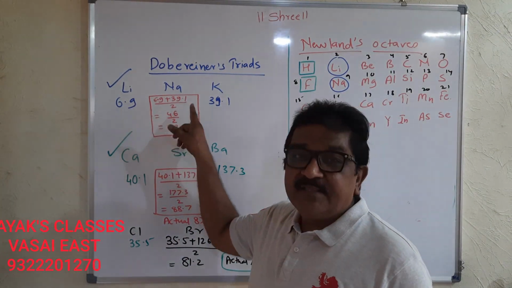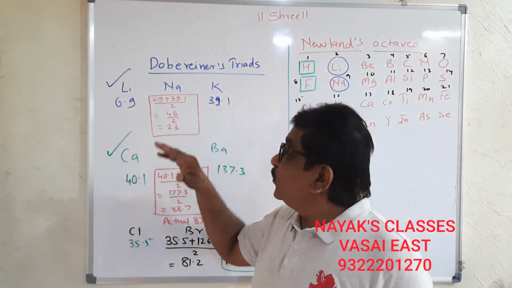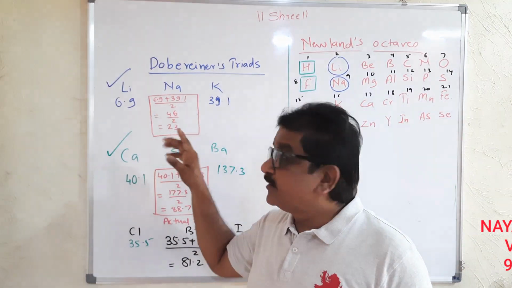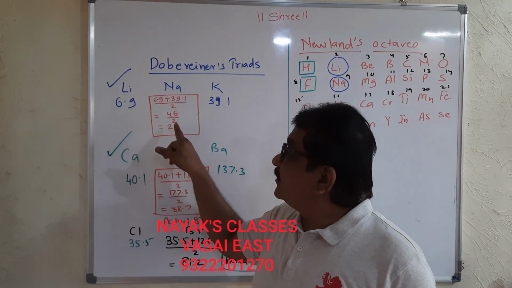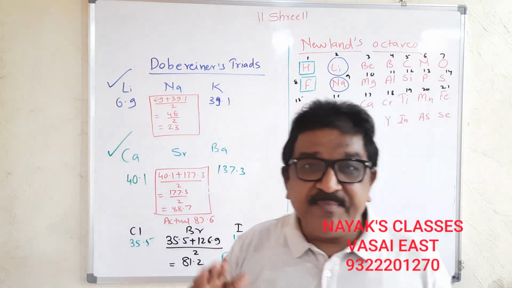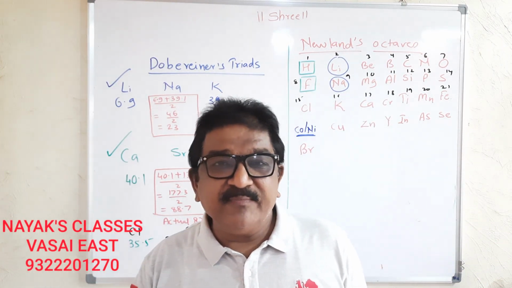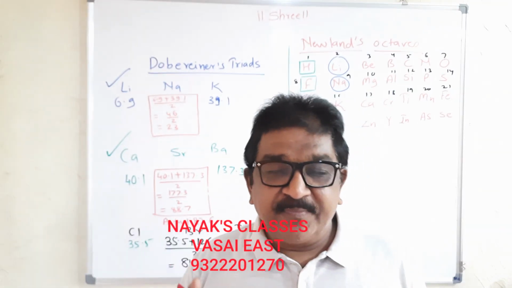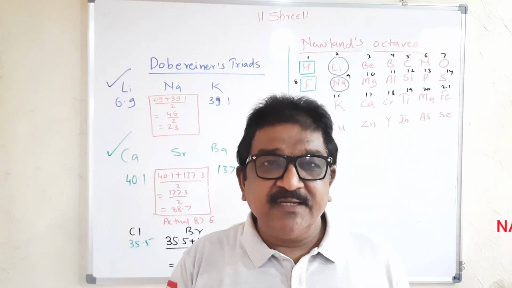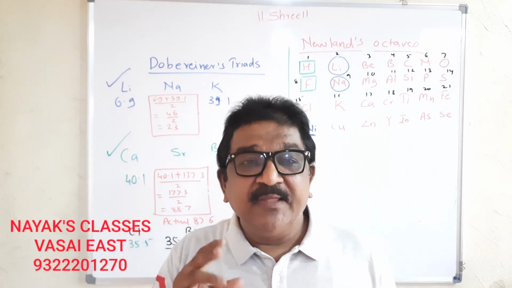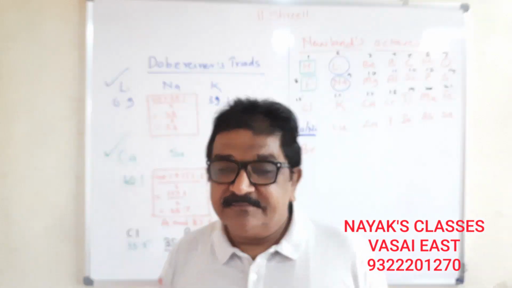If we arrange them in the increasing order of their atomic masses, we can see the atomic mass of the middle element is approximately the average of the first and third.